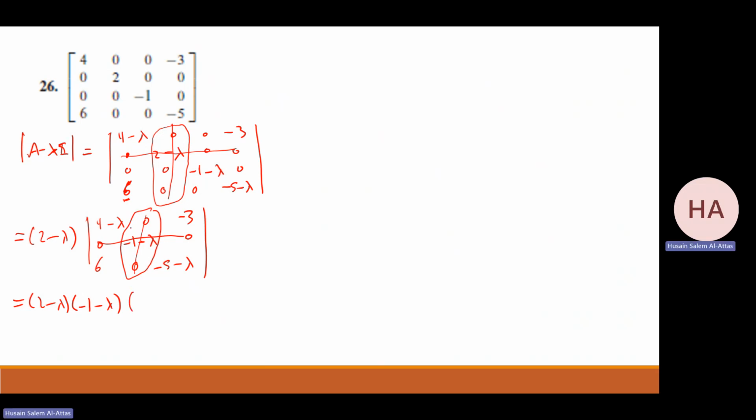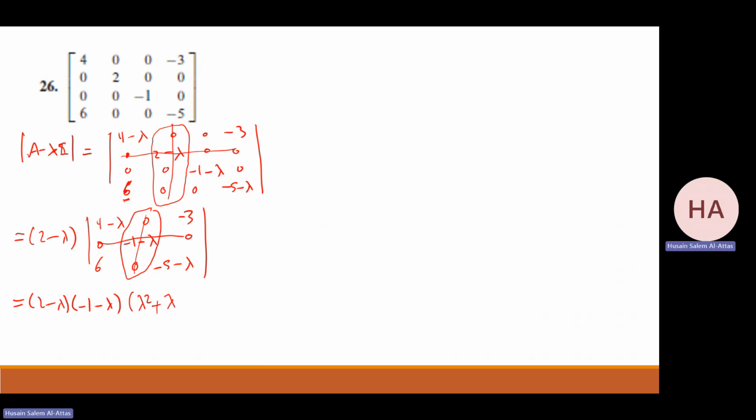Let me do the calculation right away. I have lambda square, 5 lambda minus 4 lambda plus lambda, 5 lambda plus lambda. Okay.